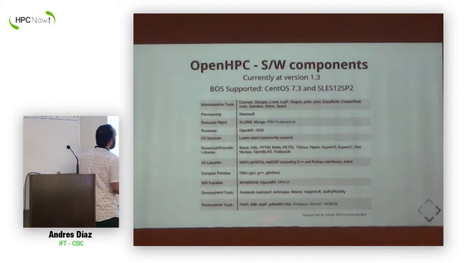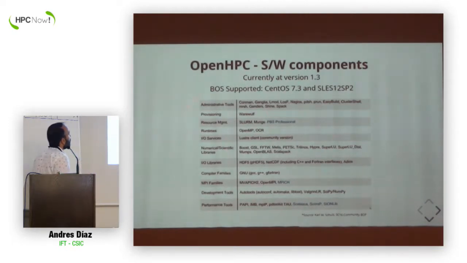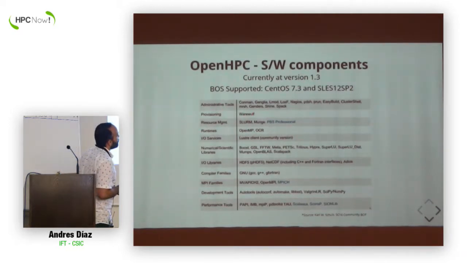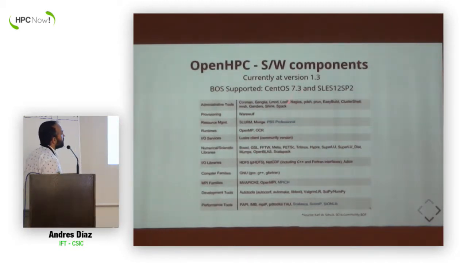So these are the main components that you can find in the repository. Now OpenHPC is at version 1.3, and the base operating systems supported are CentOS 7.3 and SUSE Enterprise Linux. We are using CentOS 7.3 right now, and this is the software you can find.